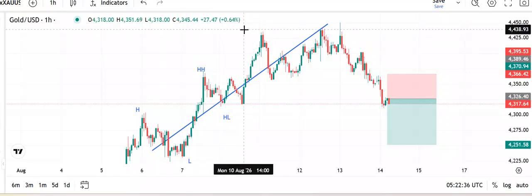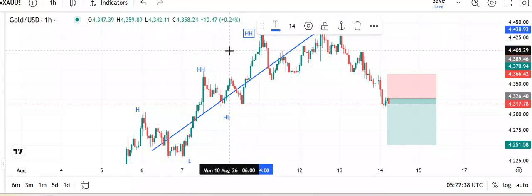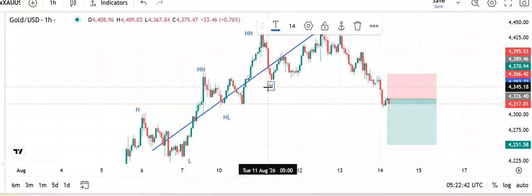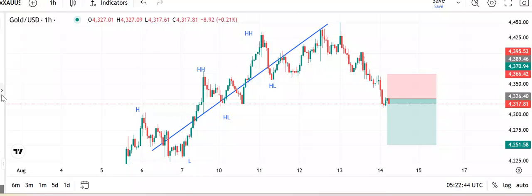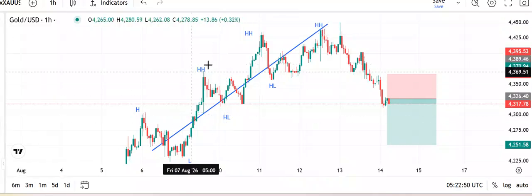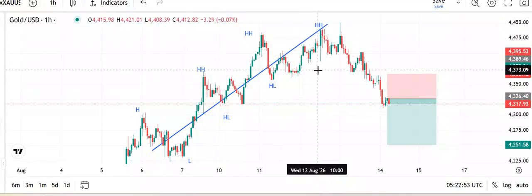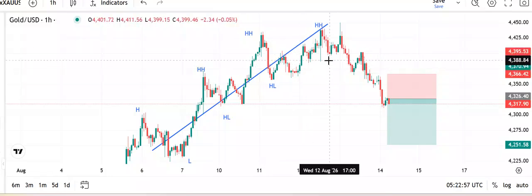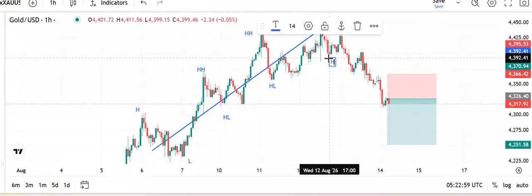I will take this as higher high, higher low. And we have this as higher high. And this as higher low.